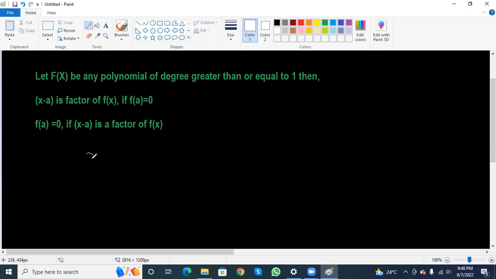For example, we know the division algorithm: dividend is equal to divisor times quotient plus remainder.